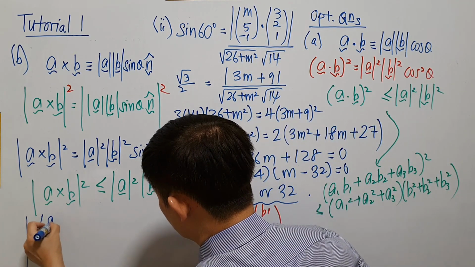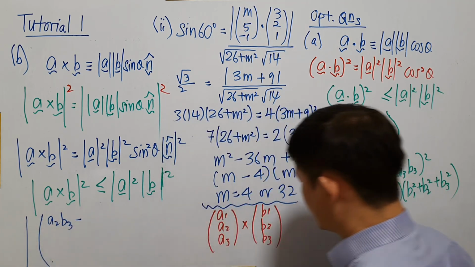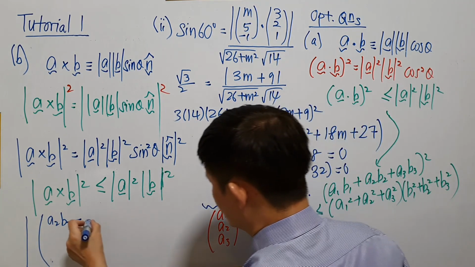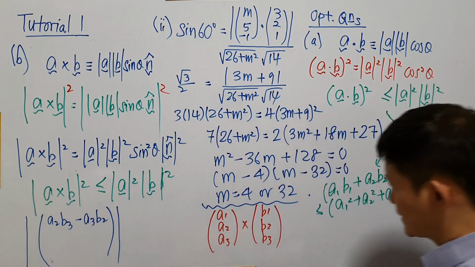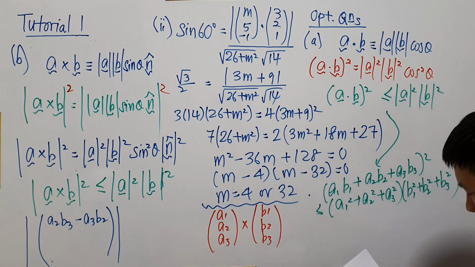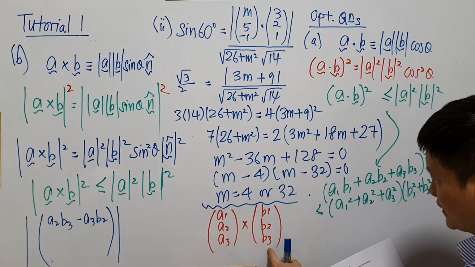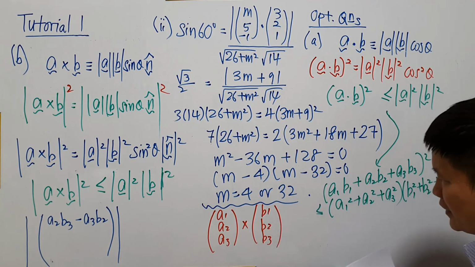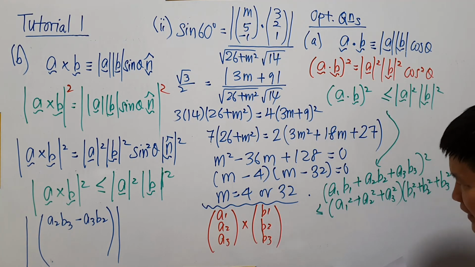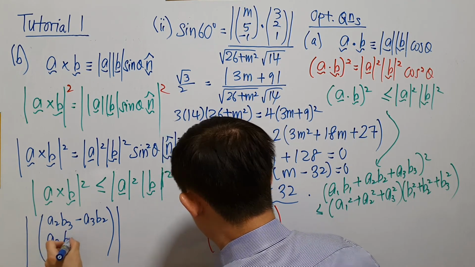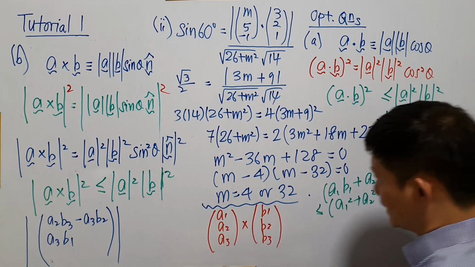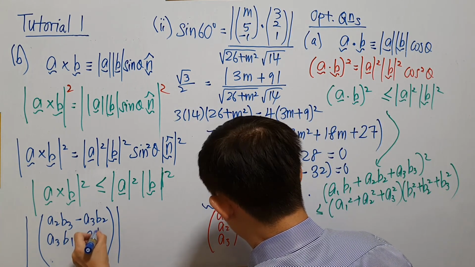A2 B3 minus A3 B2. And then we cover the second row: A1 B3 minus A3 B1. But because the middle row needs an extra minus, this is as good as A3 B1 minus A1 B3.